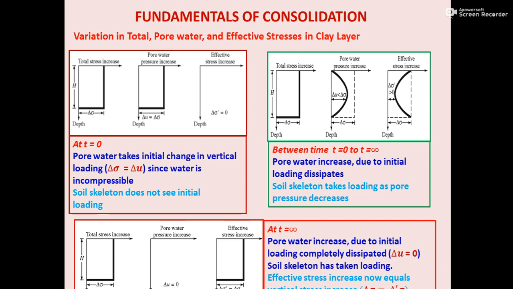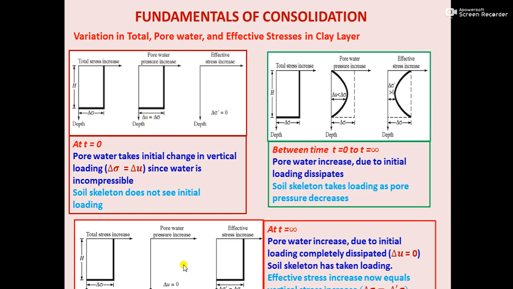That delta sigma, which was initially completely taken up by this delta u. Now you see in the third diagram, at t is equal to infinity, what is happening? This complete delta u has become equal to 0, which was initially delta u is equal to delta sigma.